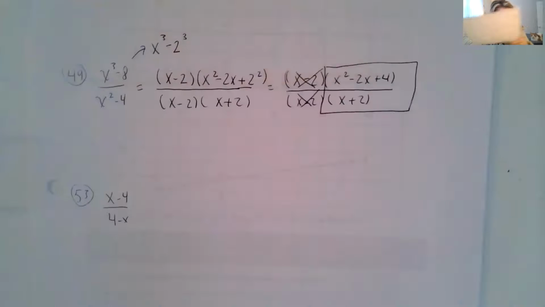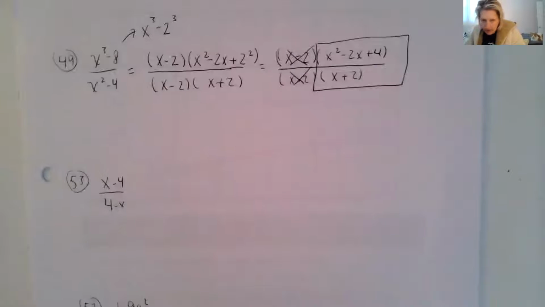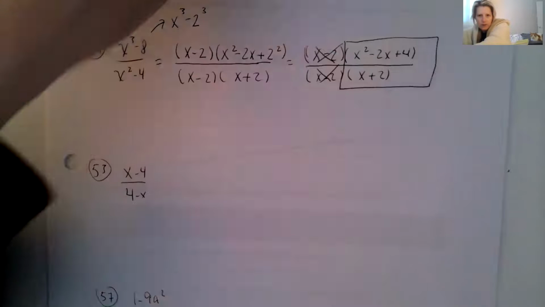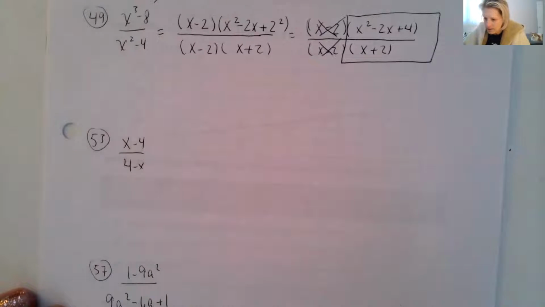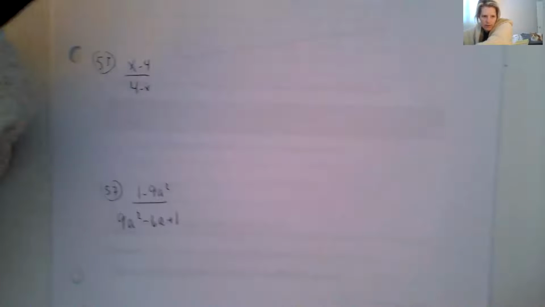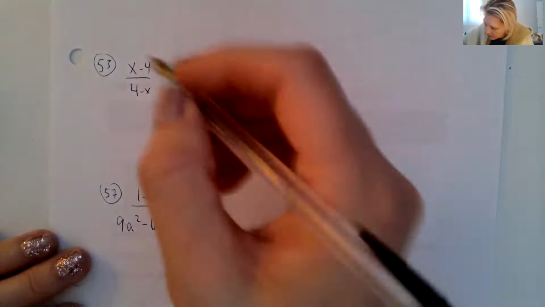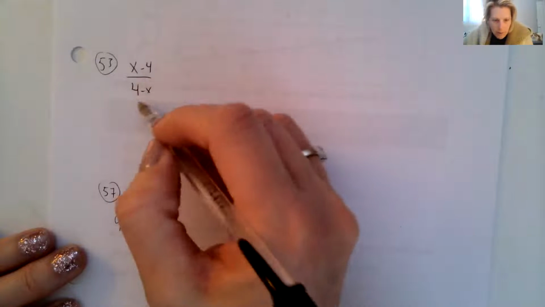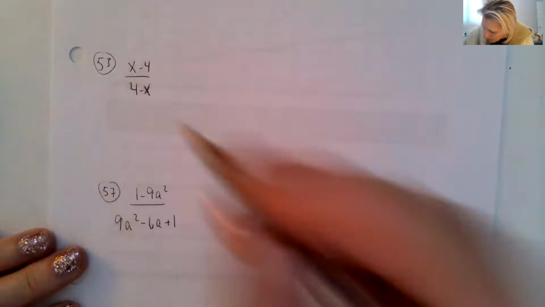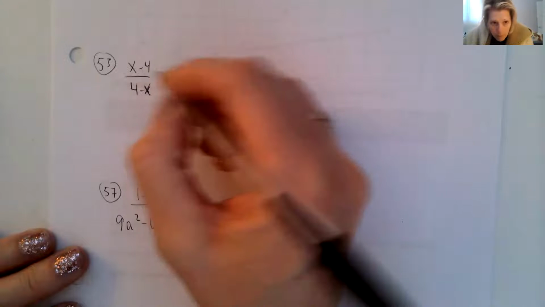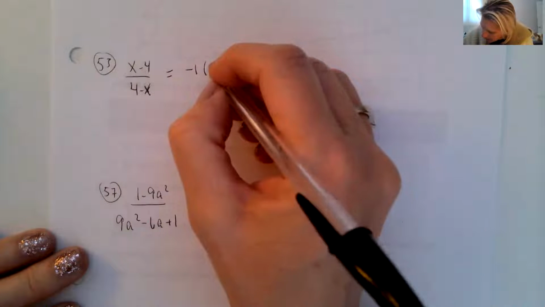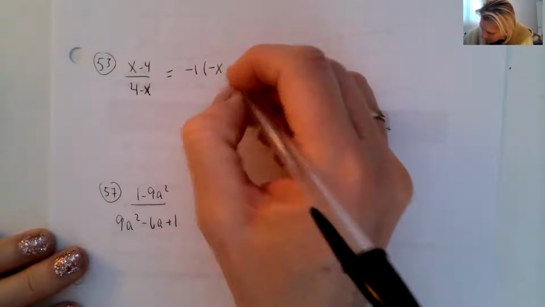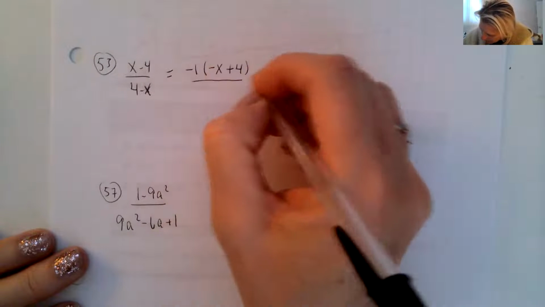Okay, the next one is 53. This one is not too difficult, but 53 and 57 help us see a couple of little quirky things negatives can play. So you can see that x minus 4 and 4 minus x look the same, but they're not quite. So I'm just going to factor out a negative 1 from the numerator. So it's really a negative x plus 4.